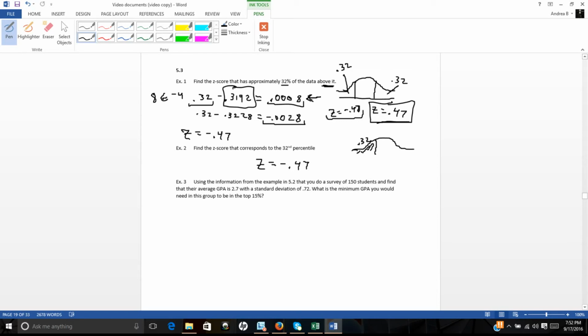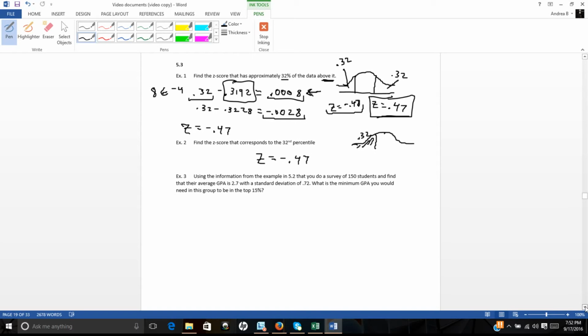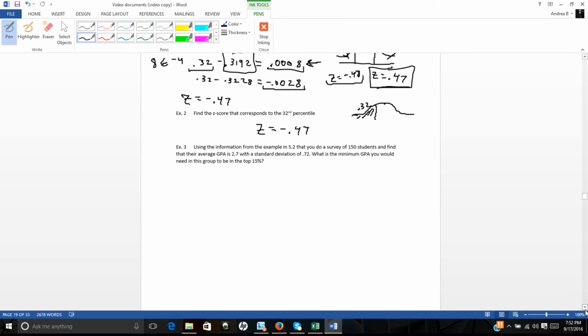So here, since it's 32% below it, that would mean that it would have to be below the mean. So you have a z-score that is negative there. Because remember, if you're at the mean, it would be in the center instead, which would split it in half, 50-50. So make sure you keep track if you're on the positive or negative side of your chart there in terms of your z-scores.